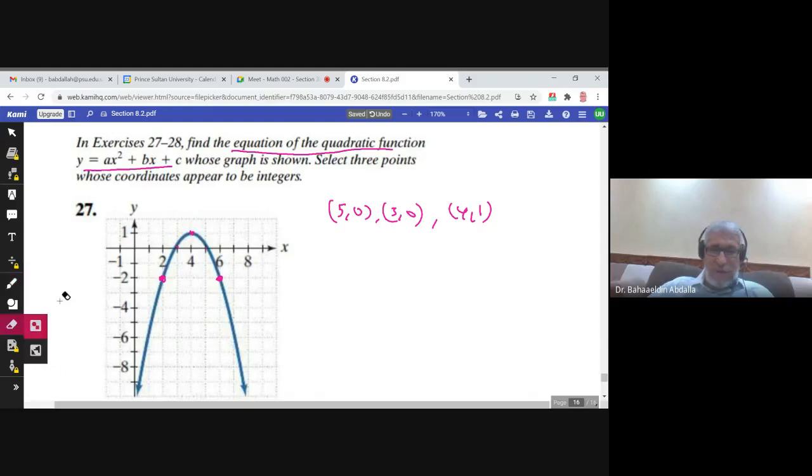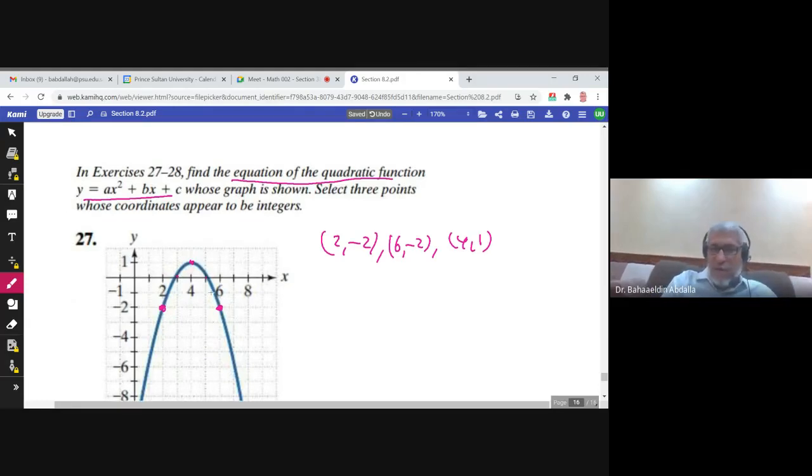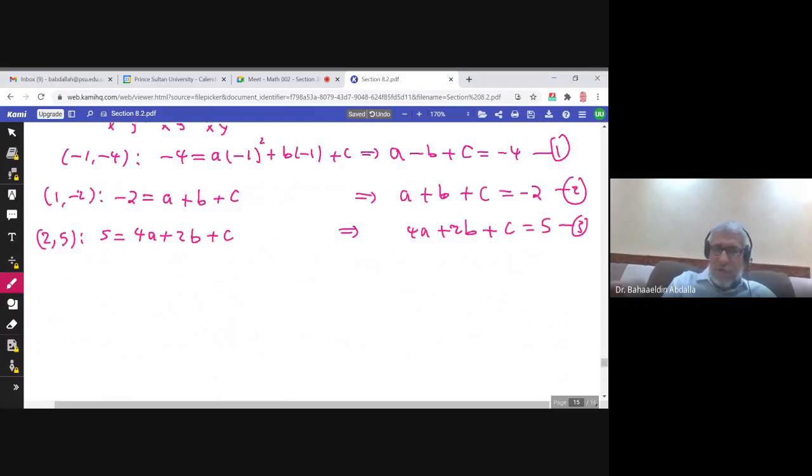So (5, 0) may not be accurate, and (3, 0) may not be accurate. So I'll choose (2, -2) and (6, -2). And now you have 3 points on the graph. You can solve it similarly to how we did in question 21.